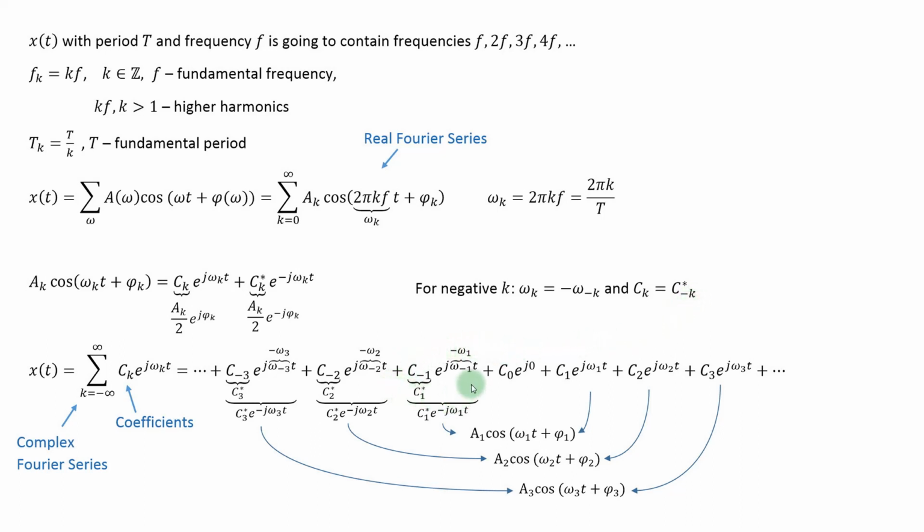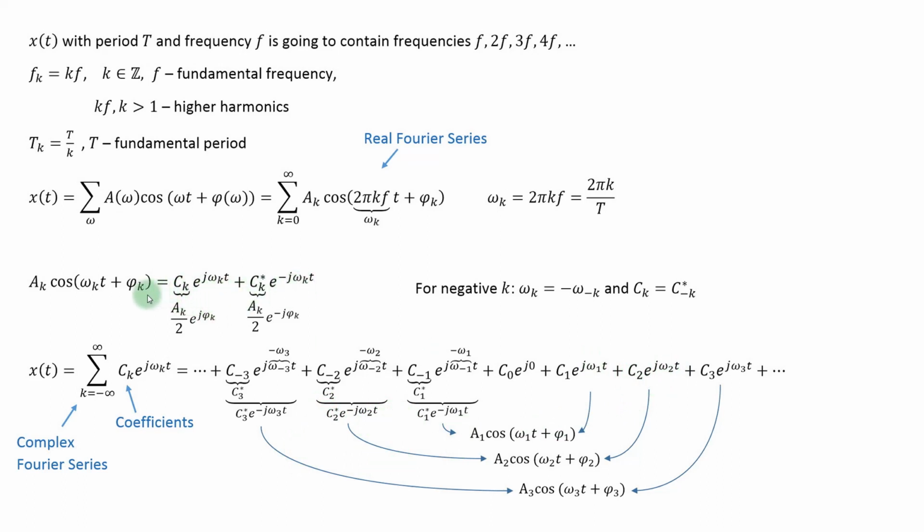Also check out this. When I take this summand and I add this summand, that is when I add this and this, I will essentially get this expression for k is equal to 1. So the result will be this for k is equal to 1. And when I add up this summand and this summand, I will get this expression for k is equal to 2.